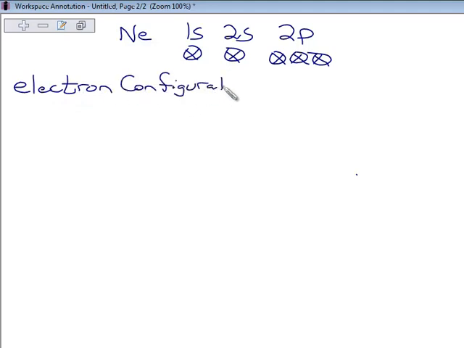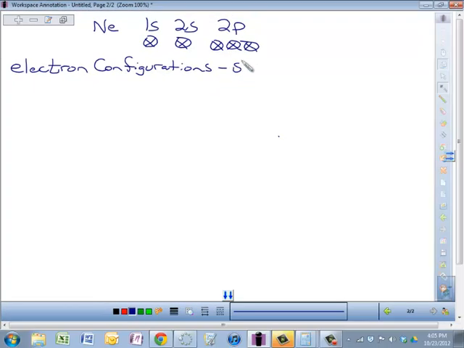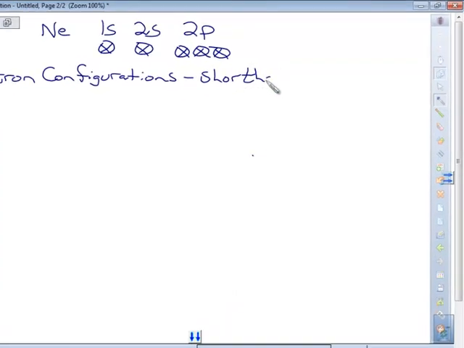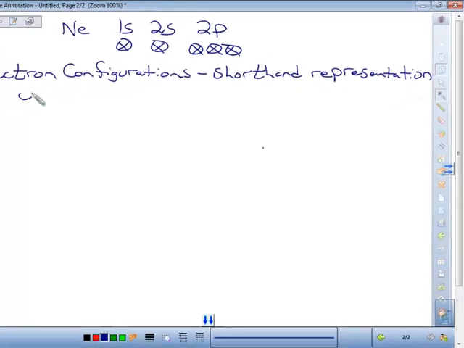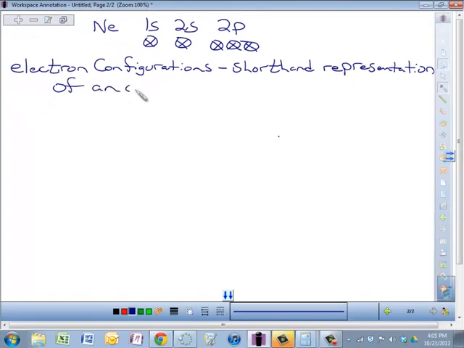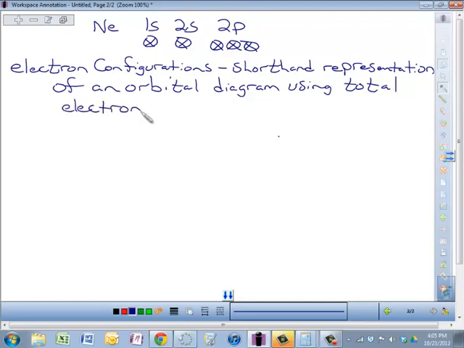And electron configurations is just going to be a shorthand representation of an orbital diagram using total electrons, or the total number of electrons.